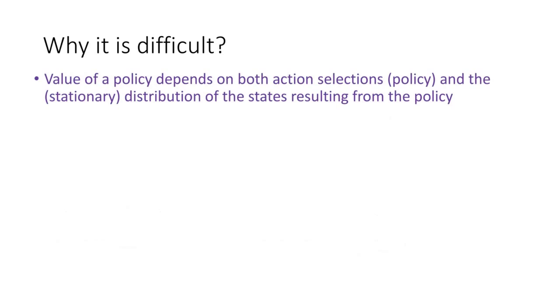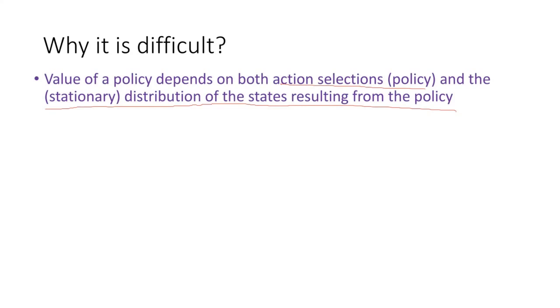The value of the policy, J of theta, will depend on two things. It will obviously depend on the policy, that is the immediate action that you are taking, but it's also going to depend on the stationary distribution of the state resulting from the policy. What does it mean? You are taking control actions according to some policy. So the policy will determine what are the states that you are going to visit again and again.